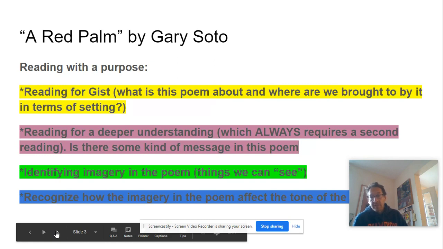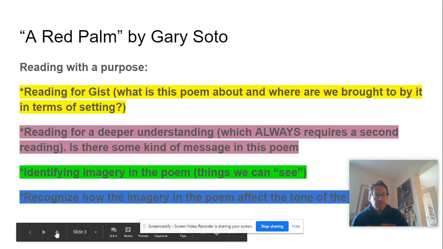Secondly, reading for deeper understanding, which always requires a second reading. Listen, people, I read things twice, not because I'm a fool. Well, I'm a fool for many reasons, but I read things twice. Once, I just need to read, what am I reading? What am I absorbing? And then the second reading is for a deeper understanding. Now, this is more school type of reading.